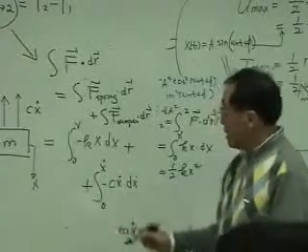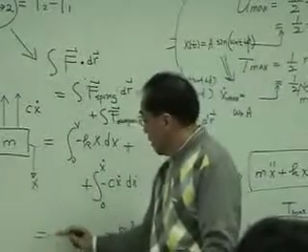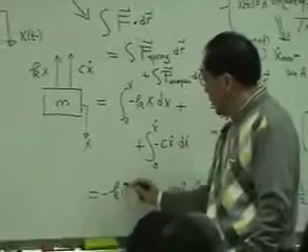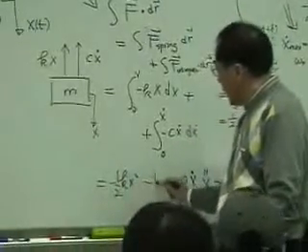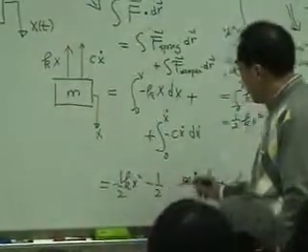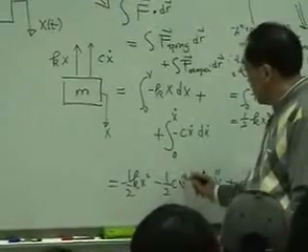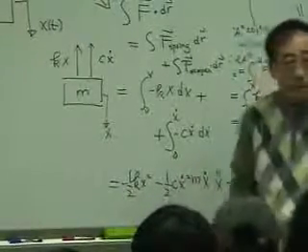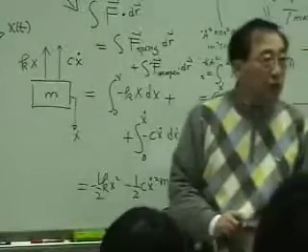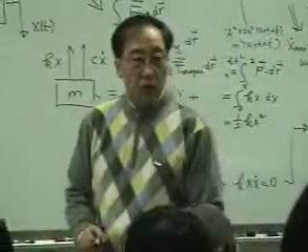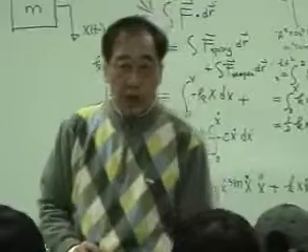So I have minus 1/2 kx squared. And I have 1/2 minus 1/2 Cx dot star squared. And that has to be equal to change of kinetic energy.